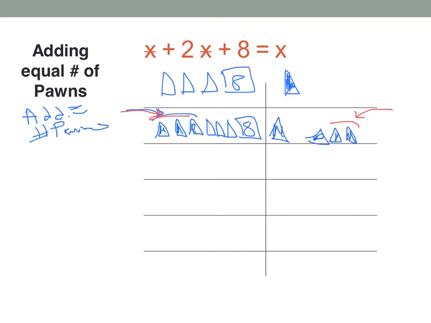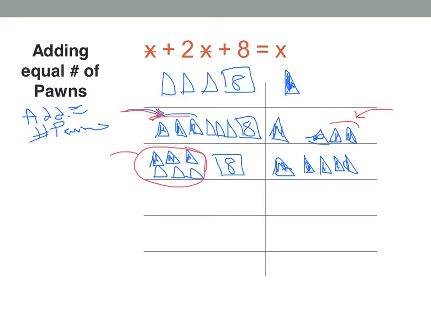We're doing that so that we can then take away, and we have to rewrite or reset this before we take away. Remember, you can't have 2 steps with the same thing with arrows heading out. The reason why we added those pawns to the left-hand side was so that we could remove zero pairs.